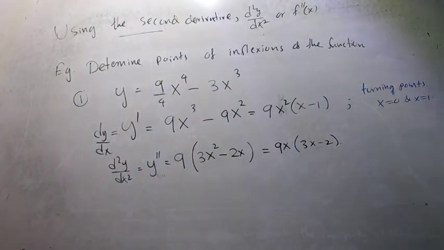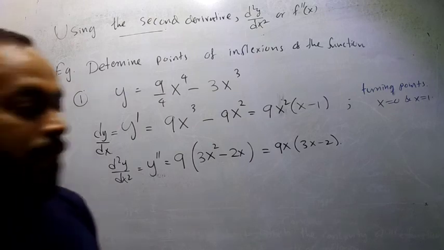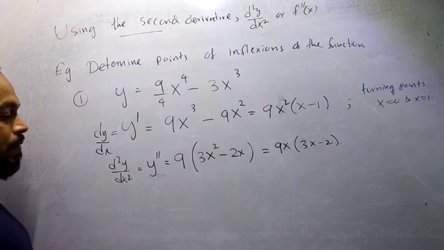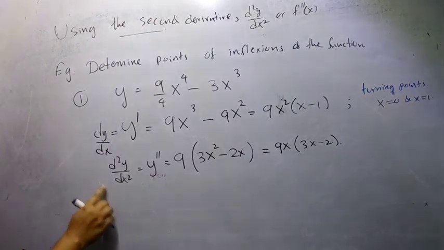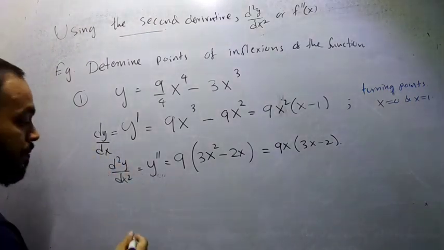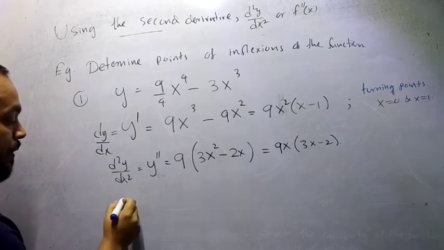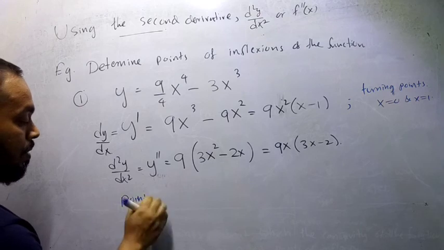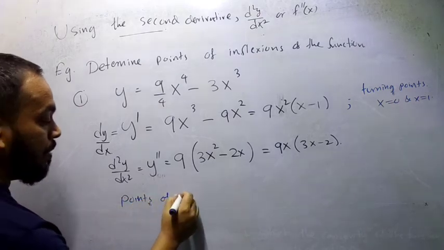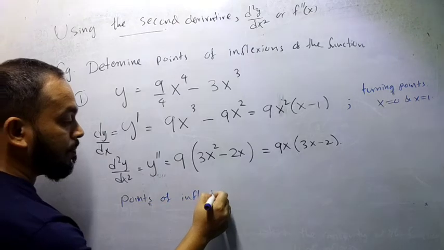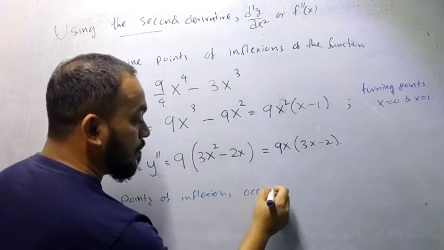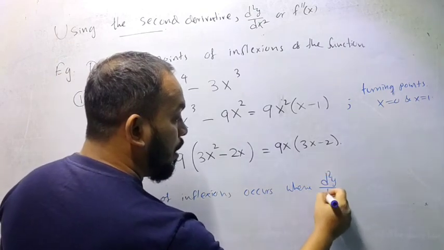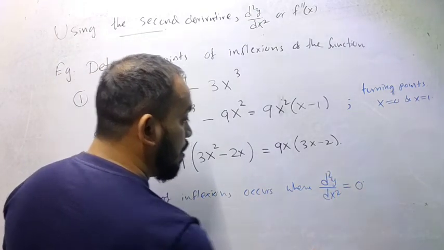Now, points of inflection. At what points do they occur? Where the second derivative is equal to 0. So points of inflection occur where d squared y over dx squared is equal to 0.